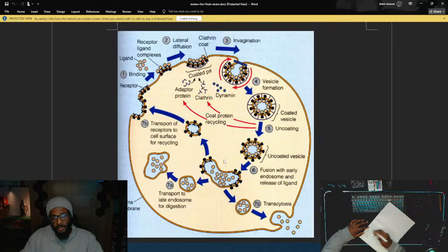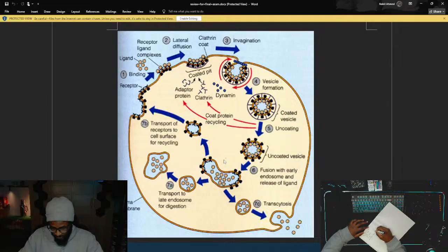Then the vesicle is coated, so we'll do uncoating. Then fusion with the early endosome, which can go three ways.